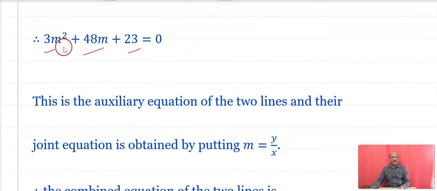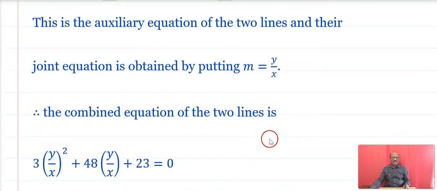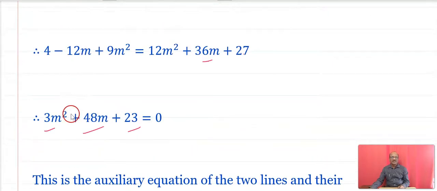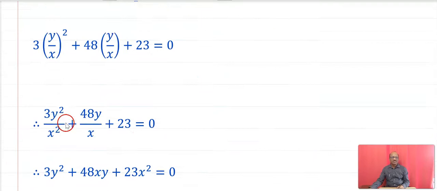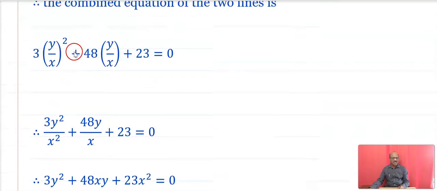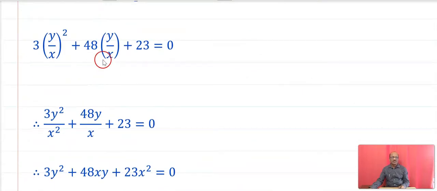Now substitute the value of m, that is y upon x. Y upon x is the slope of the line. Okay, the value of m is y upon x. And if we substitute here, 3m square means 3 into y upon x bracket square. Next is 48 into y upon x plus 23 is equal to 0.